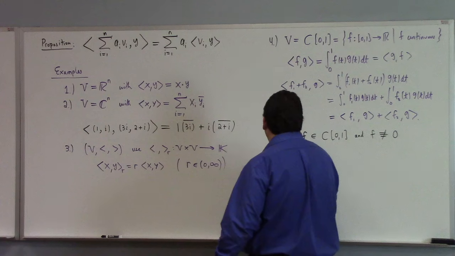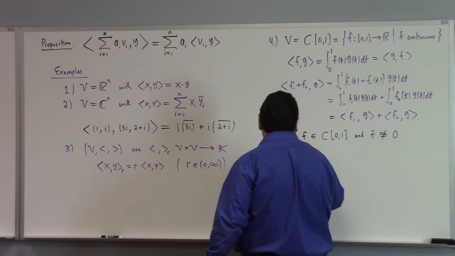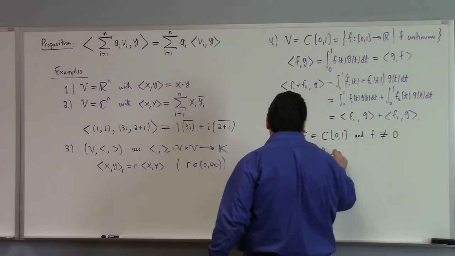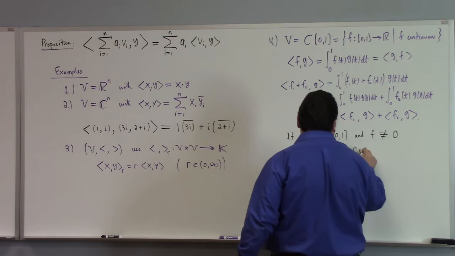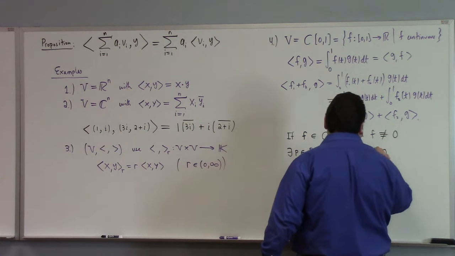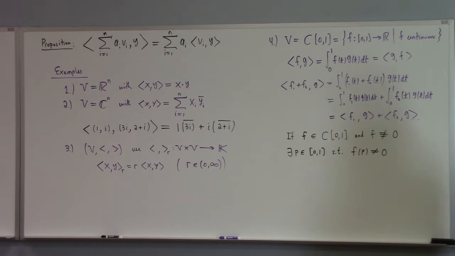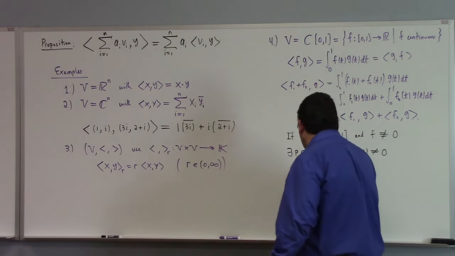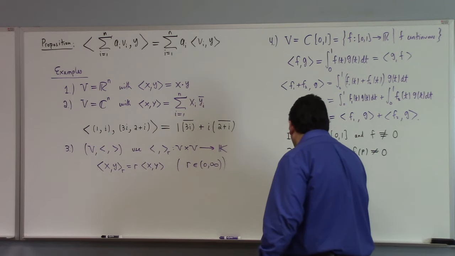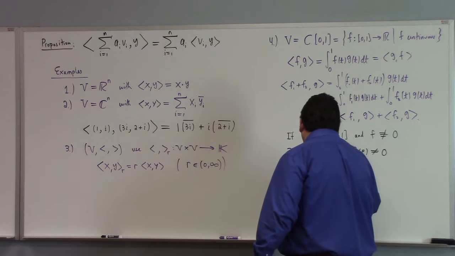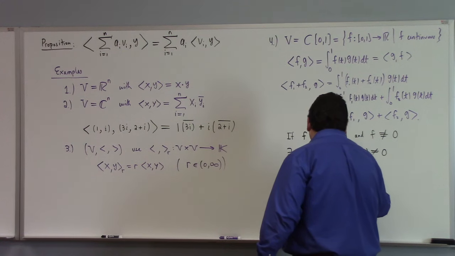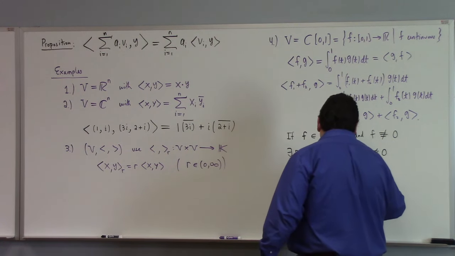So there exists p in [0,1] such that f(p) is not equal to 0, right? So what happens when I do the inner product of f with f? That's the integral from 0 to 1 of f(t) times f(t), which is f(t) squared, dt.